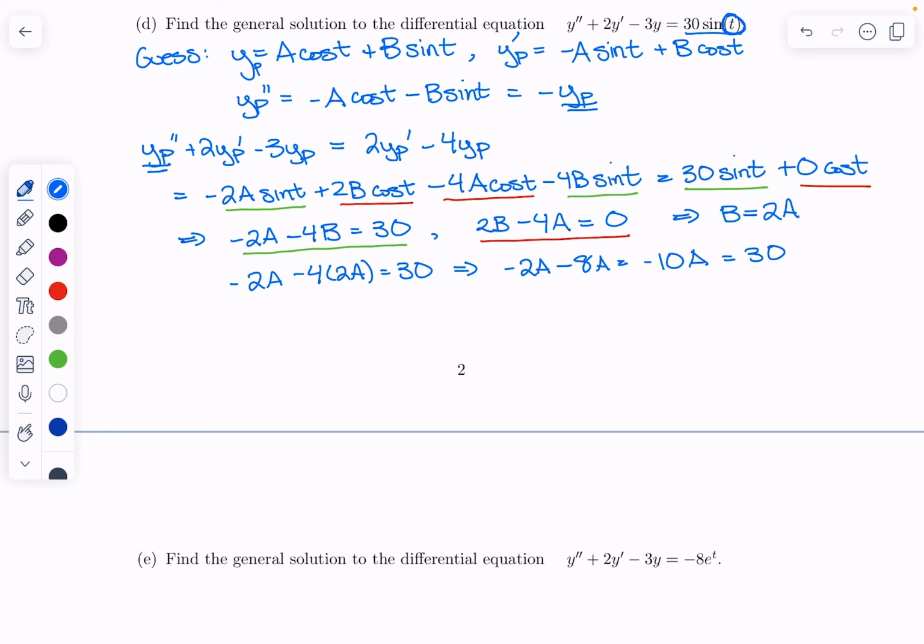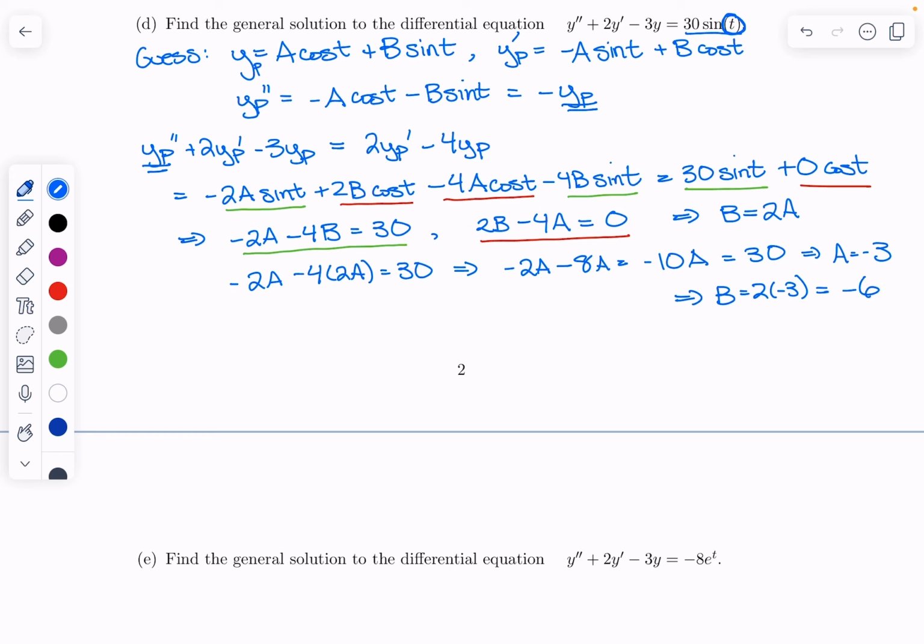So a must be negative 3. Well, if a is negative 3, then b, which is 2 times a, must be negative 6.